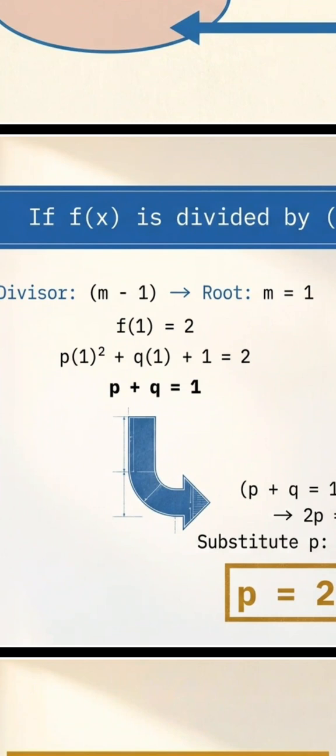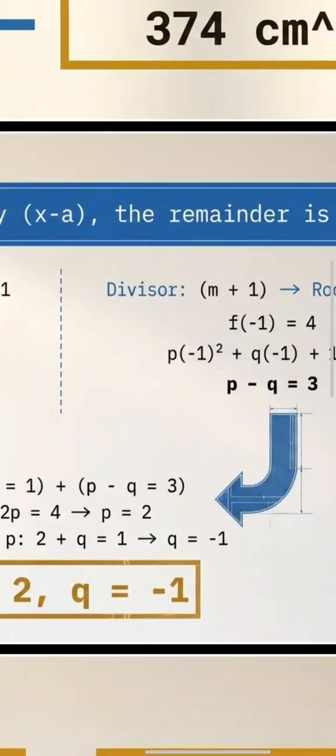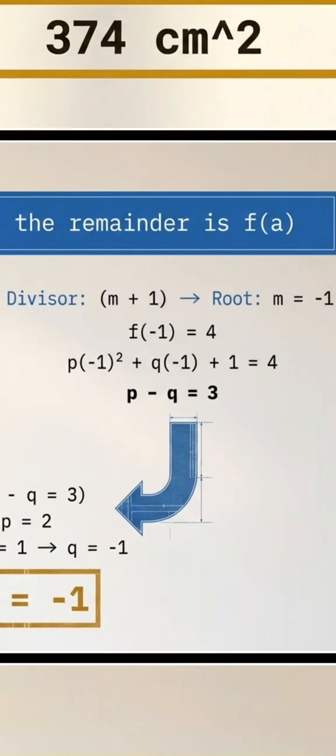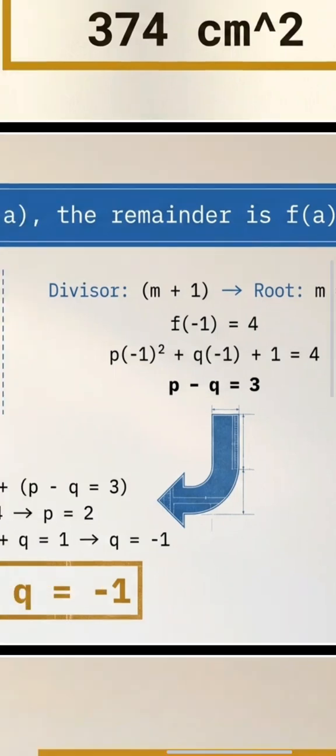With m equal to 1, the remainder is 2, so we get p plus q is equal to 1. The other one, divided by m plus 1, the remainder is 4, so when we substitute, p minus q is equal to 3.